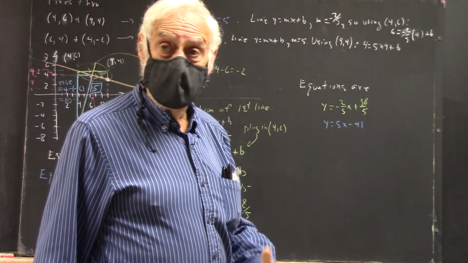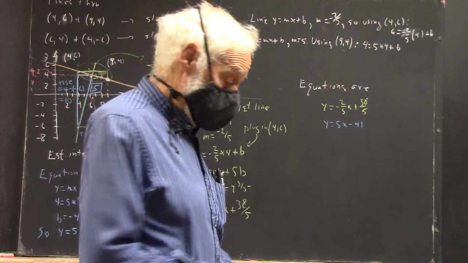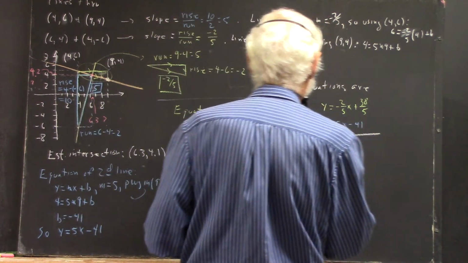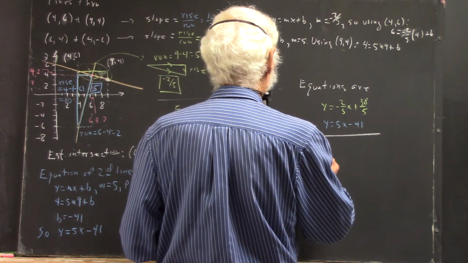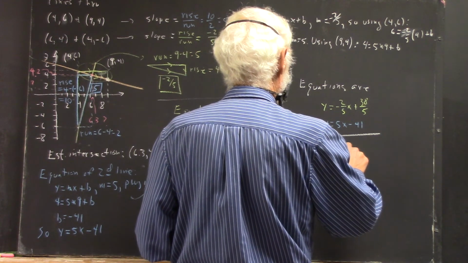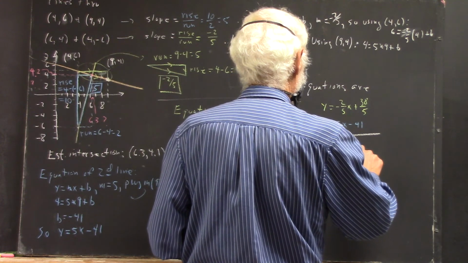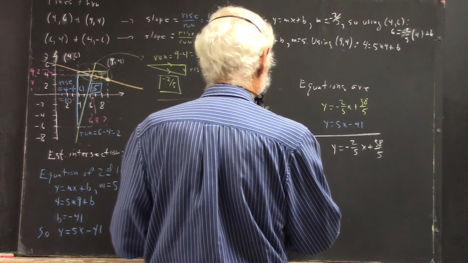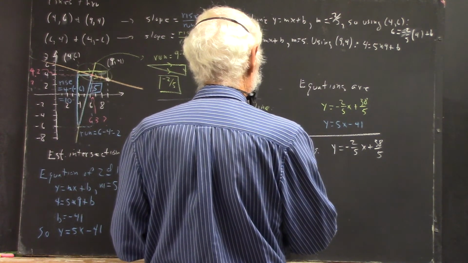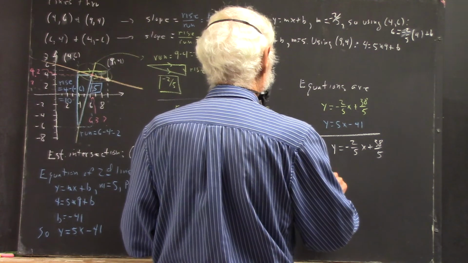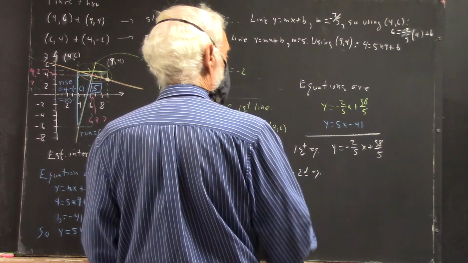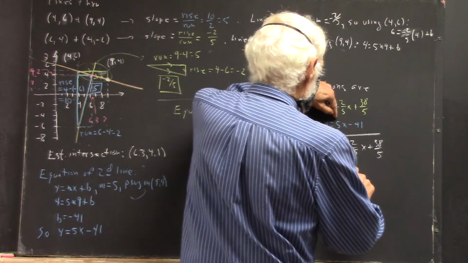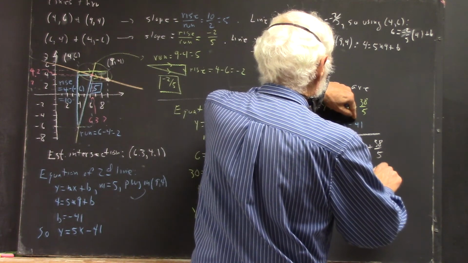I'm going to end up with an equation just for x. Okay? So, multiplying the second equation by negative 1, I get negative y equals negative 5x plus 41.